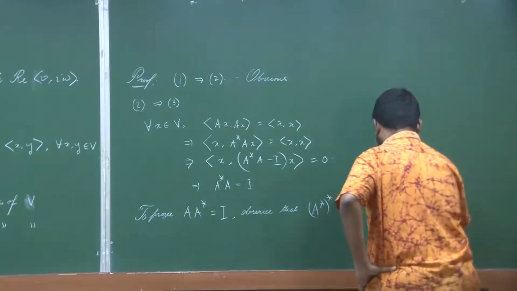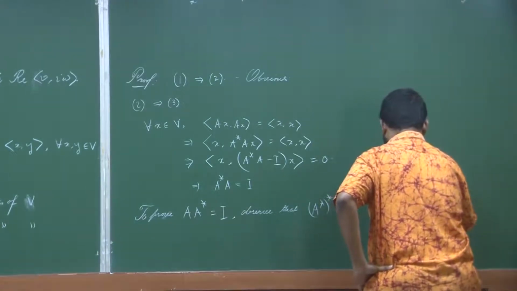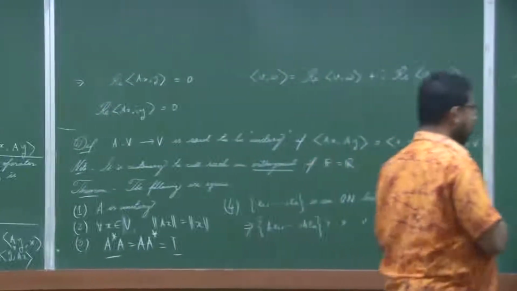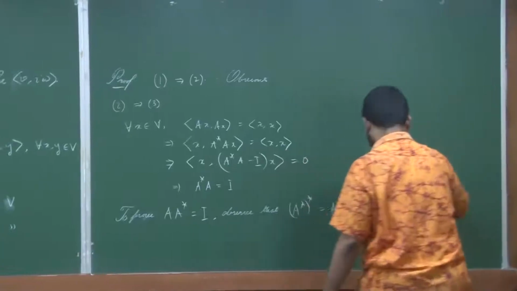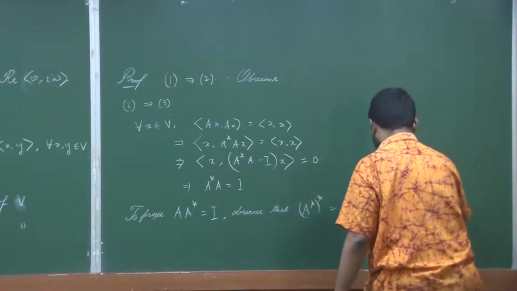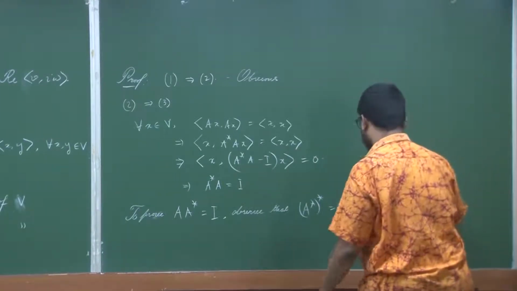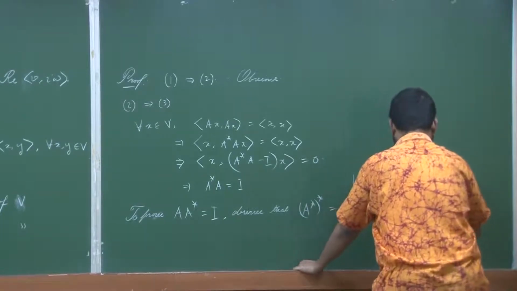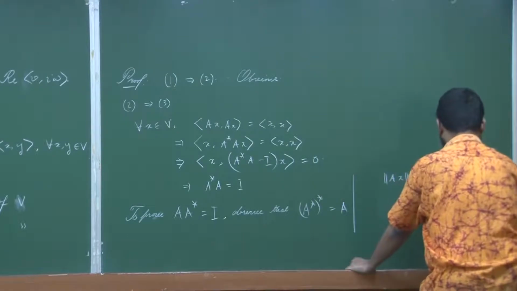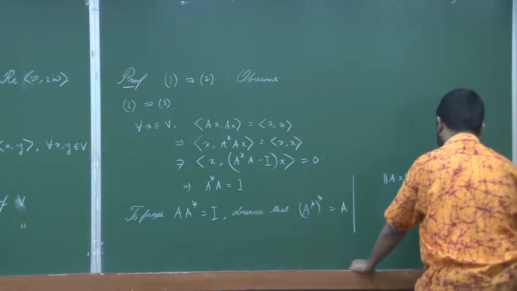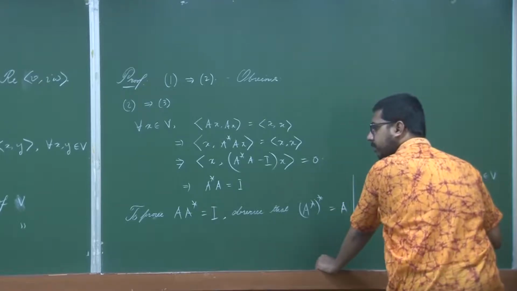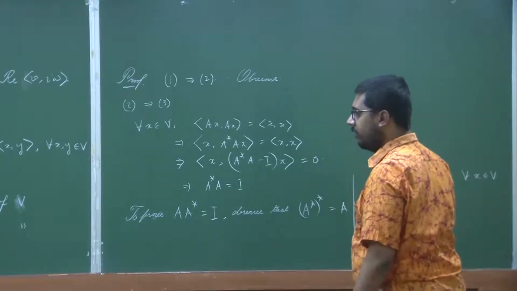So, can we say this? The norm of A x equals, so can we say that, given 2, this implies that A is unitary?